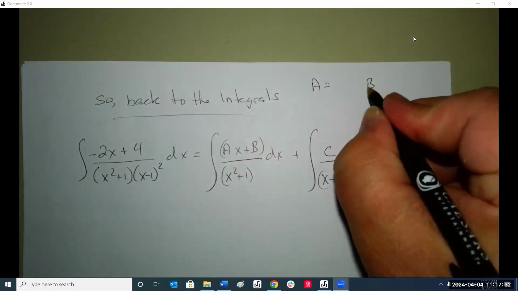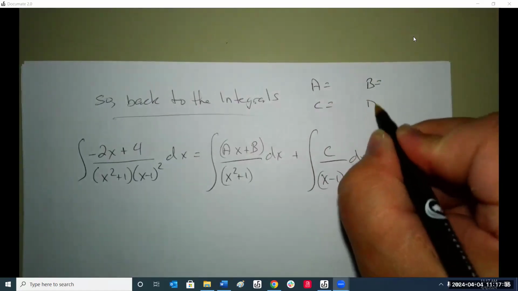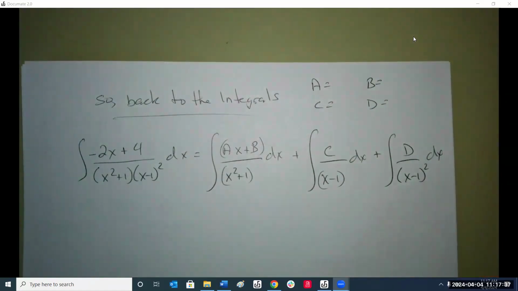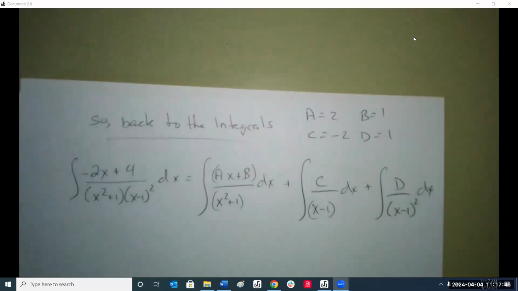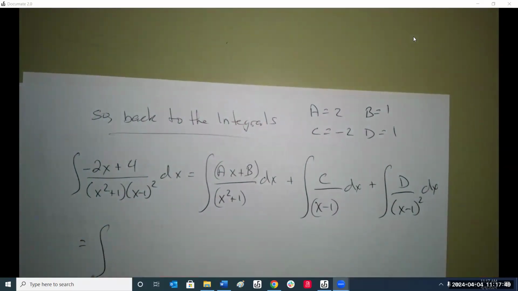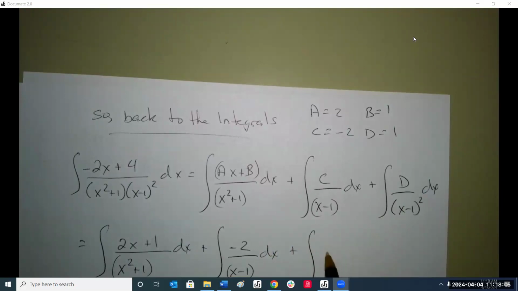A, B, C, D: 2, 1, negative 2, 1. Two x plus 1 over x squared plus 1, negative 2 over x minus 1 dx, 1 over x minus 1 squared dx.